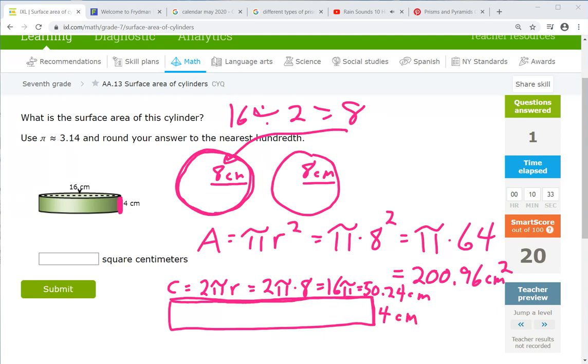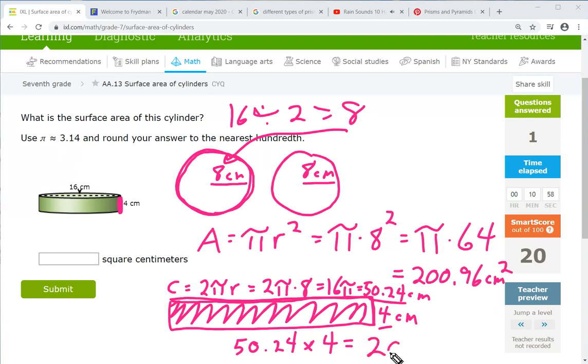So if I want to find the area of this rectangle, I would have to do 50.24 times 4. It's going to give me 200.96 centimeters.